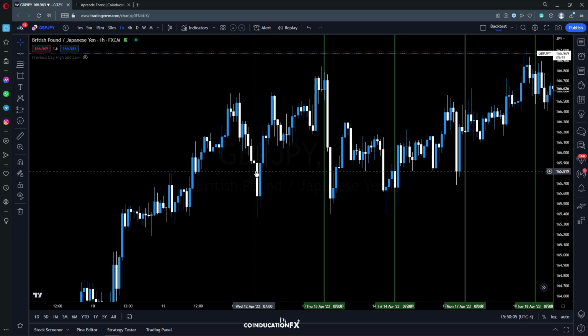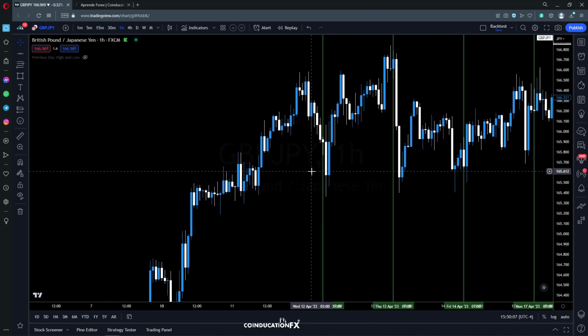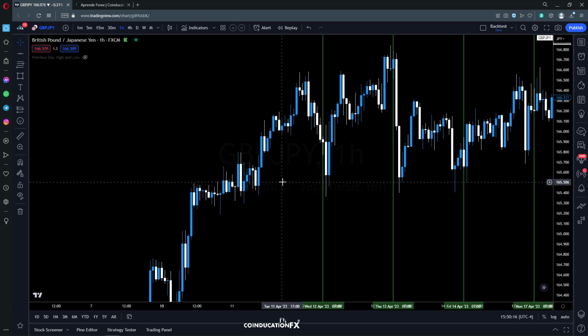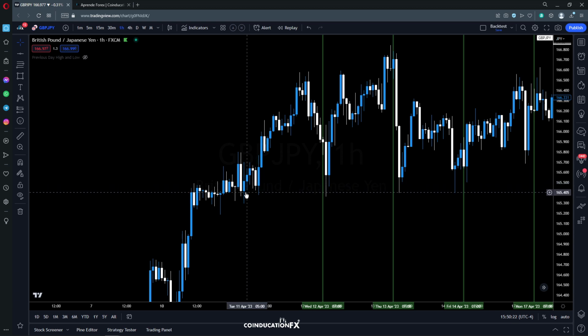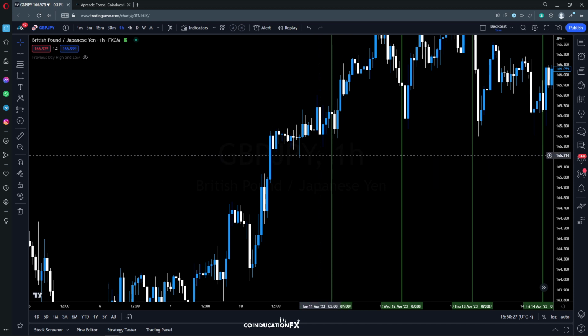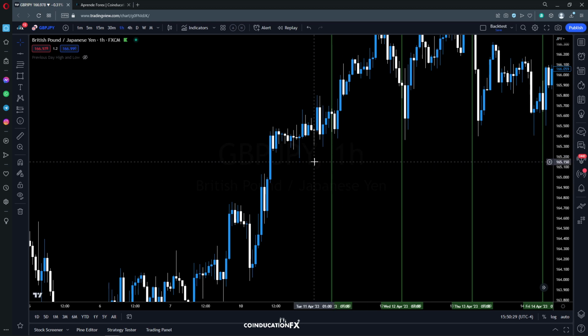Once we mark every 7 a.m., the next step, and this is really important, is to figure out, within the time frame that we're gonna be looking at the markets, around what time the price usually gives the best entry of that session.